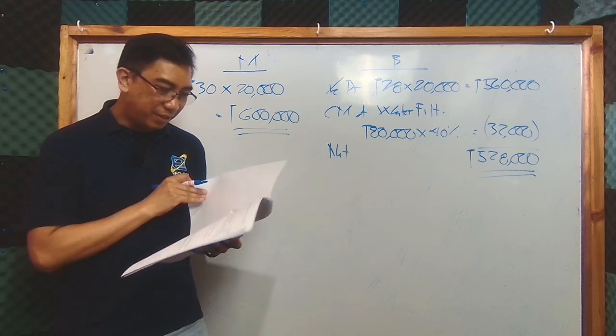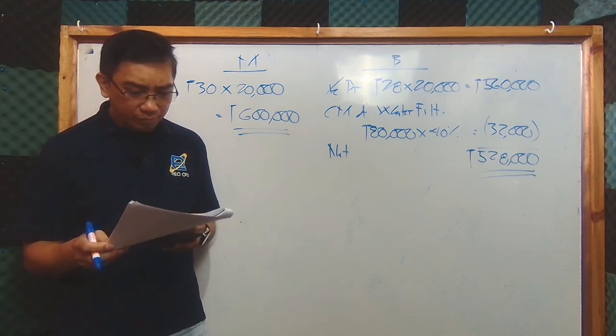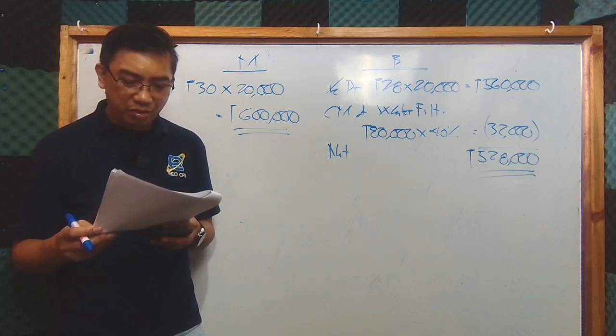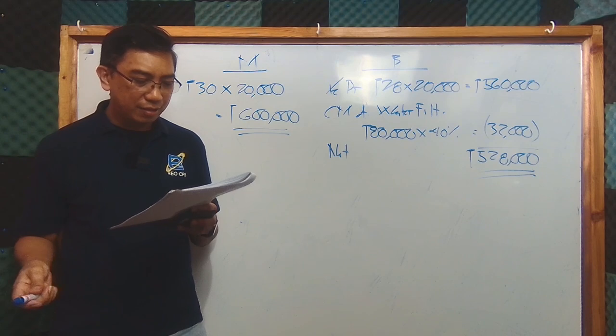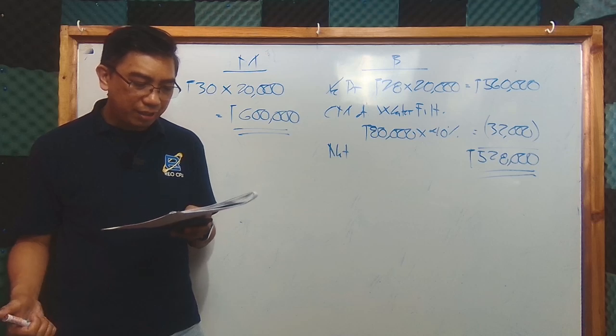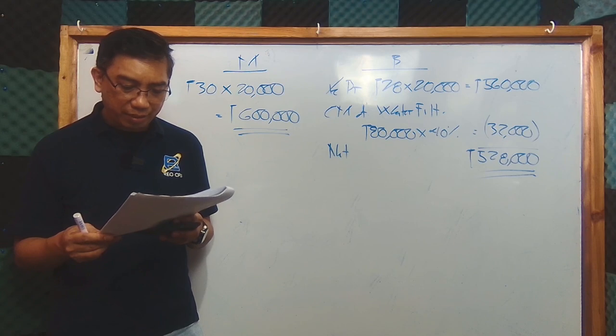Next, number 41. Okay, so class, 41 tayo. Number 41, listed below are a company's monthly unit cost to manufacture and market a particular product. So, meron tayong manufacturing cost, marketing cost. A company must decide to continue making the product or buying it from an outside supplier.